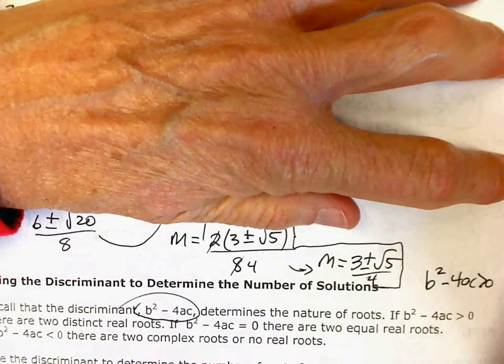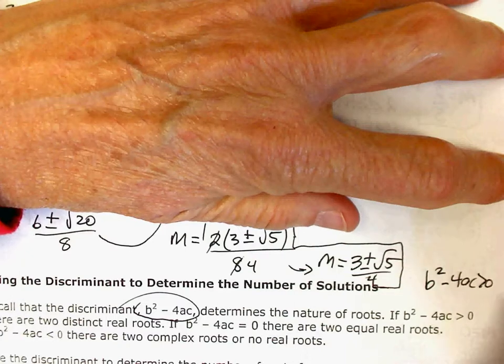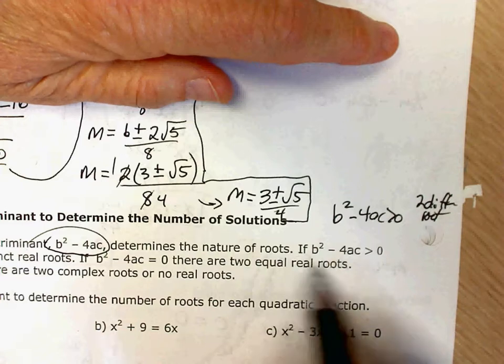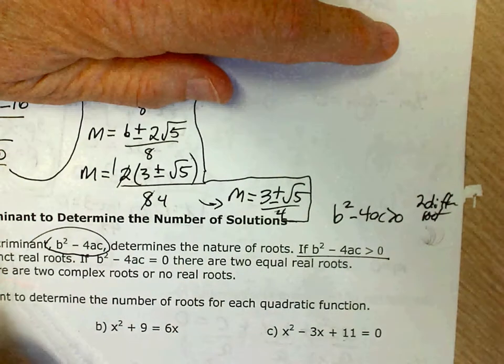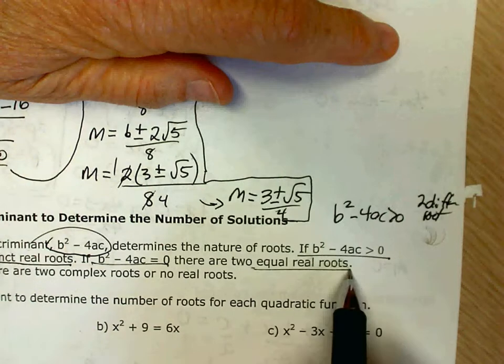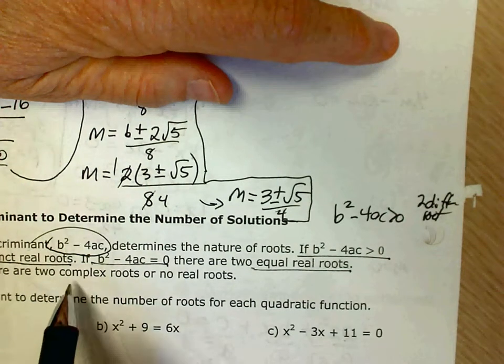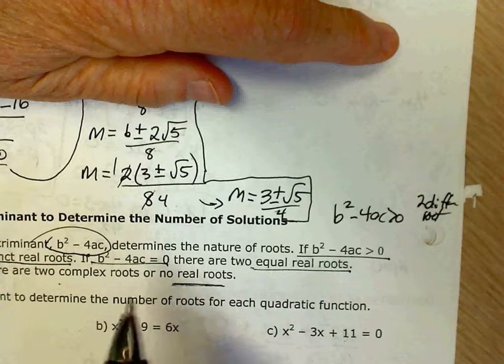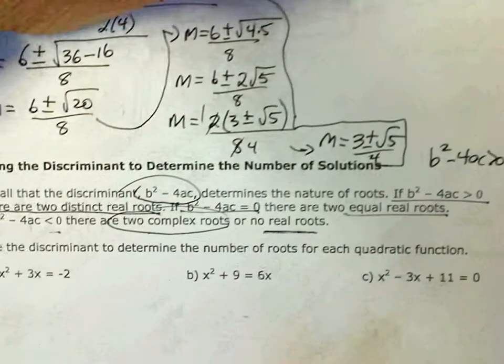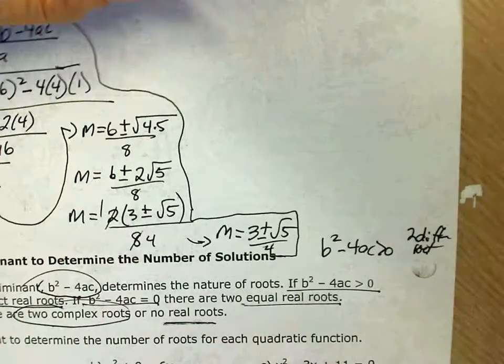It's actually written right here. If it equals 0, there's two equal roots. If it's less than 0, there's no real roots. You're going to learn about complex numbers next year. It's when you have a negative value in a square root sign, how do you handle that?